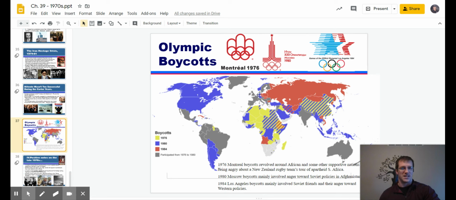I believe that's East Germany is going to boycott. I believe that's Norway, right? There's several African countries that are going to boycott multiple games, right? But all those countries that are in blue, it goes back to that old Cold War democracy, capitalist versus communist dictatorship divide, right?